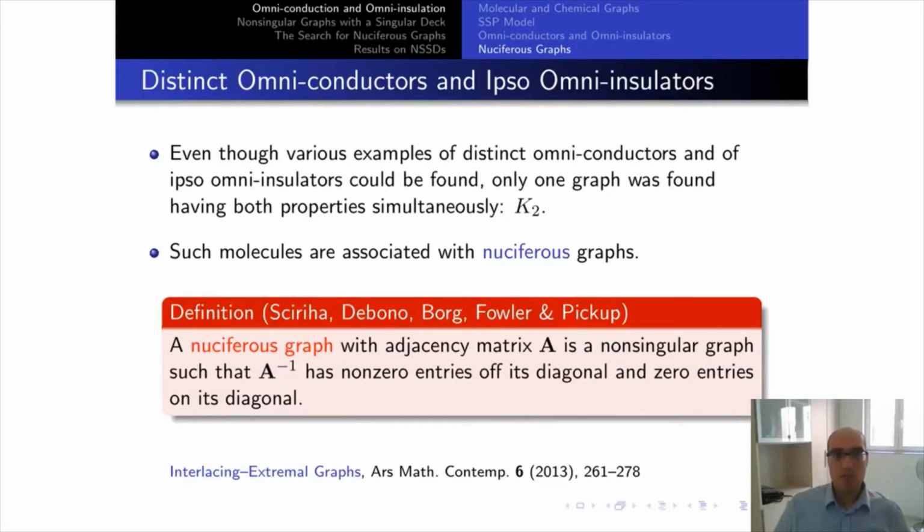So a nuciferous graph then is a non-singular graph whose inverse has non-zero entries outside its diagonal and 0 entries within its diagonal. And the question was whether there are other nuciferous graphs apart from the trivial one K2.